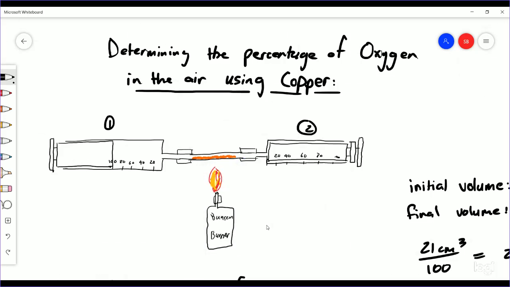As we do that, we push this side in and get the air to wash over the copper. As it washes over, the copper and the oxygen in the air create copper oxide. As soon as we start pushing from this side, it creates this black compound, copper oxide, in the middle.